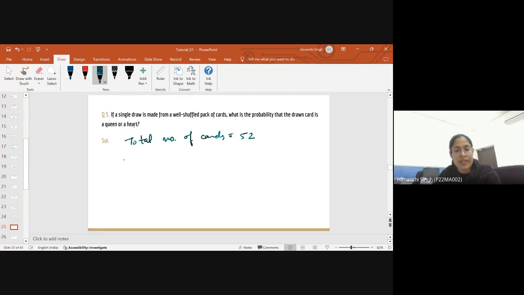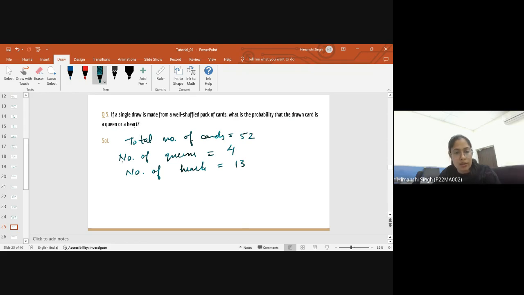So first of all, let us see how many queens are there. So the number of queens will be 4, and the number of hearts will be 13. So what is the probability that the drawn card is a queen or a heart?